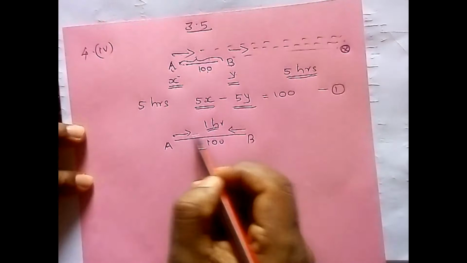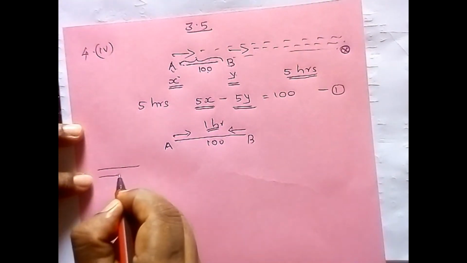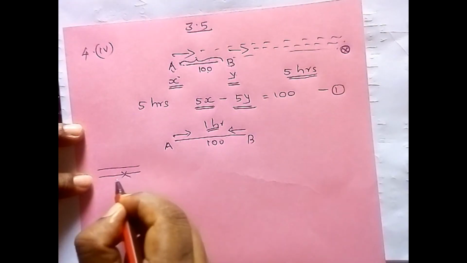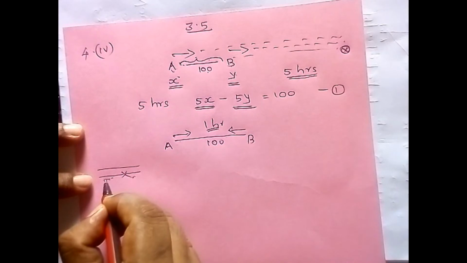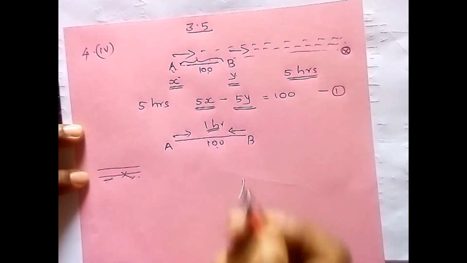The total distance traveled by A and B in 1 hour will be 100, because A is starting from here reaching here, and B is starting from here reaching here. So the total distance traveled by A and B is this plus this, and this plus this is equal to 100.